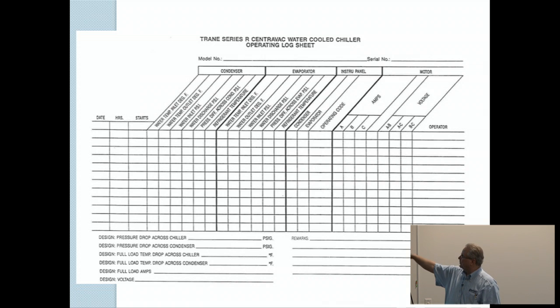You could even create your log sheet to follow exactly what your display shows you. So in today's world, you don't have to worry about calibrated gauges and sensors a lot of the time. It's all built into the chiller and you can just write it down. The nice thing about having it here is now someone can look at it and see trends.